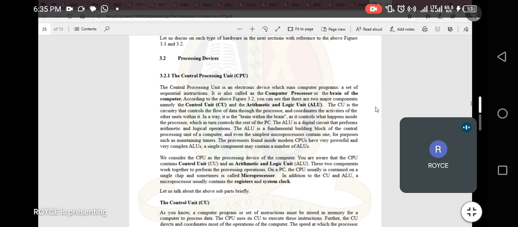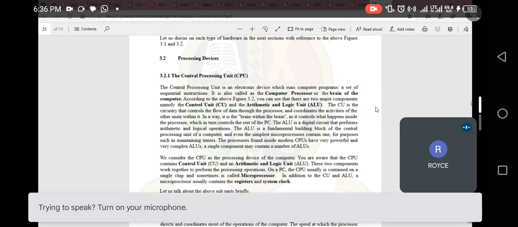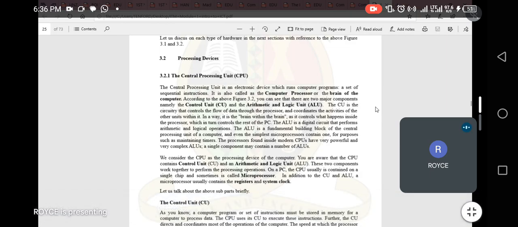And then we have the arithmetic logic unit. It is the one that is involved in making arithmetic and logical decisions. So it performs arithmetic and logical operations, and that is where the name comes from. It does the mathematics and also makes decisions on what output to give you after it has been guided by the control unit.